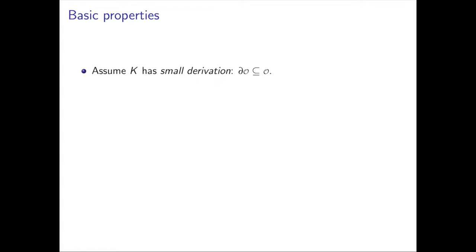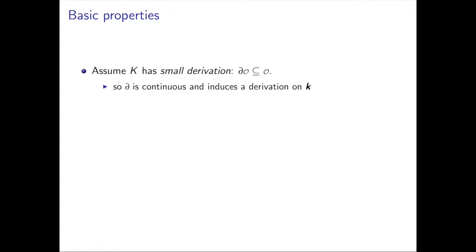This is almost equivalent to continuity. Continuity just says there exists an a such that the derivation of O is contained in a times O. So you're allowed one scale of the derivation; that is equivalent to continuity. But in any case, it's not really too relevant. The main thing is this property.